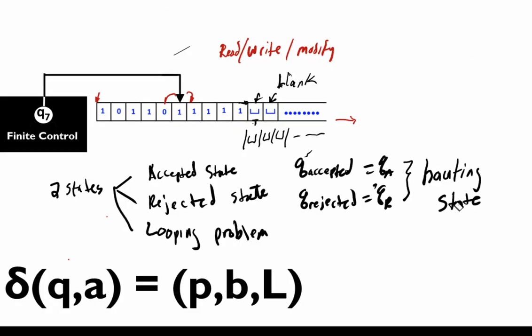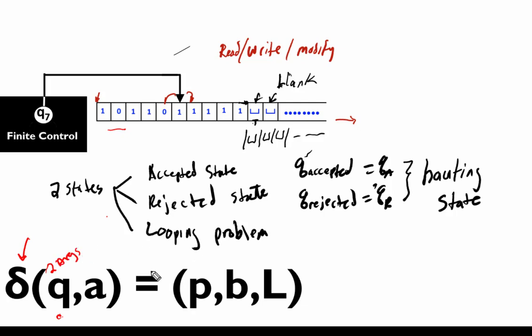The best way to describe what happens is to look at the delta, the transition function, and you can see in this example here, and you should know how to read this. The Q here is the current state, and the A is the alphabet symbol on the tape, in this case maybe 1 or 0. As you can see, delta takes 2 arguments and it produces a triplet.